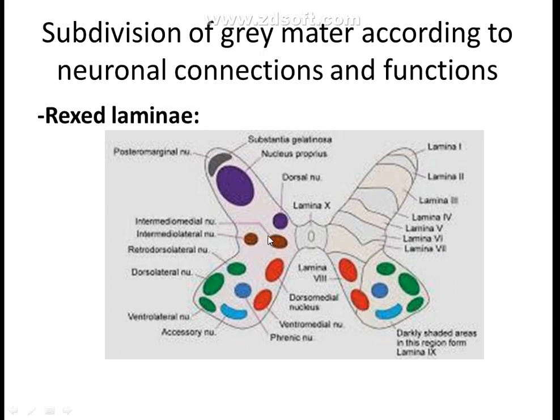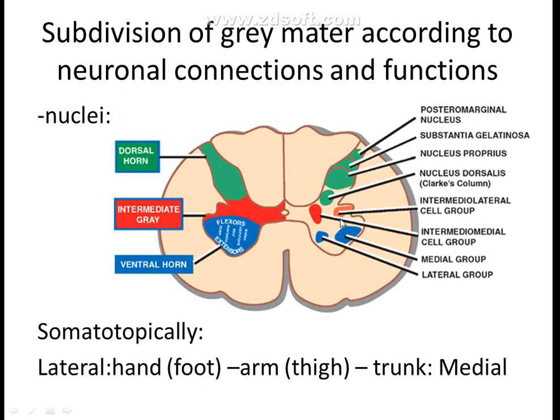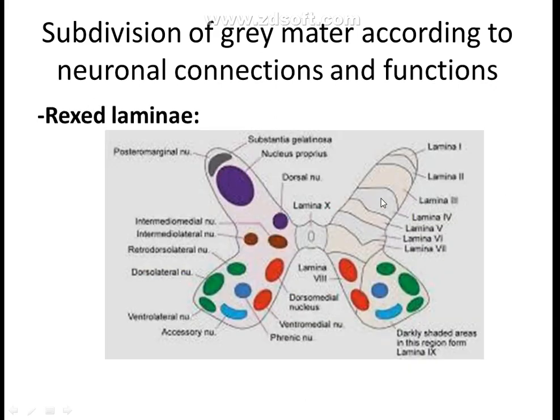And you can find these laminae are similar to the nuclei which are described here. The same nuclei are arranged into laminae, as you can see. For example, the post-marginal nucleus is lamina 1. Then substantia gelatinosa is lamina 2. Nucleus proprius is lamina 3. And so on. So these are the same arrangement.